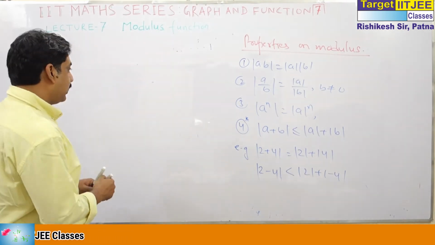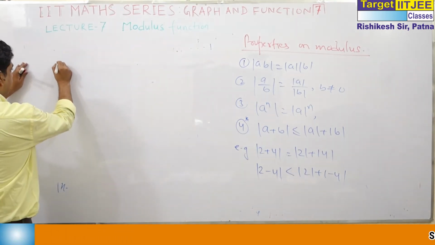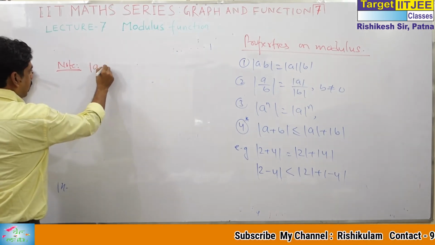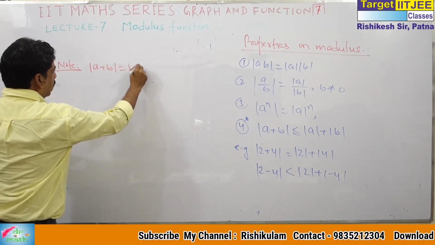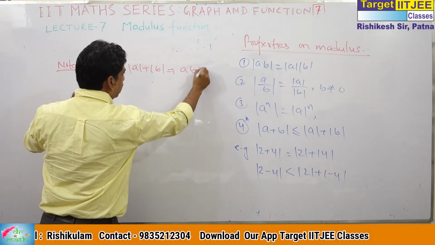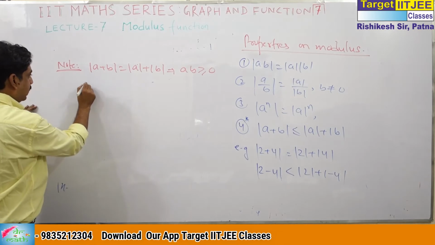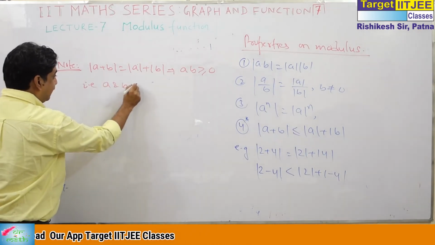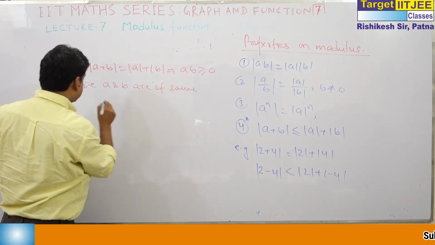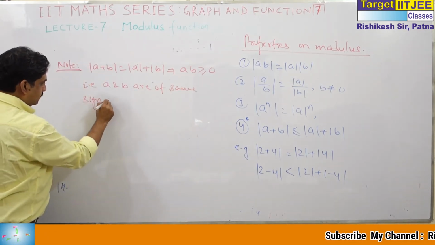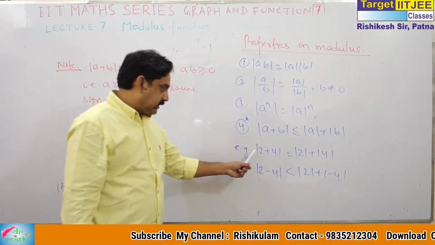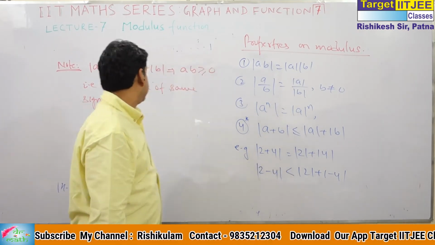So what is important here? This is very important to solve the questions. Mod A plus B is equal to mod A plus mod B implies AB greater than or equal to 0. That is, A and B are of same sign or 0. You can see this is plus, equality holds.